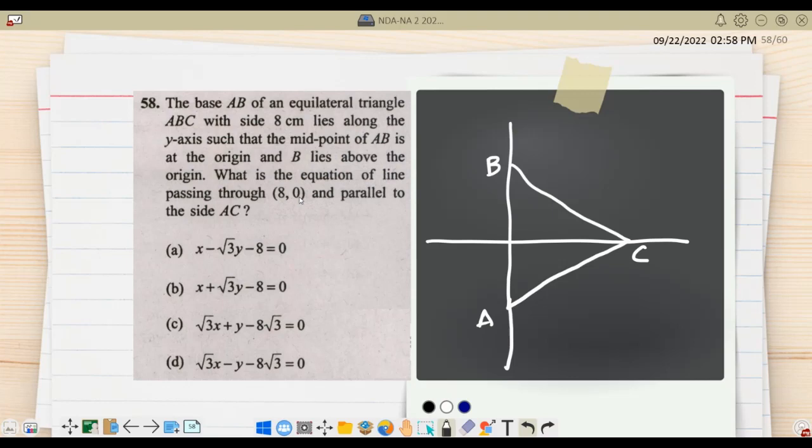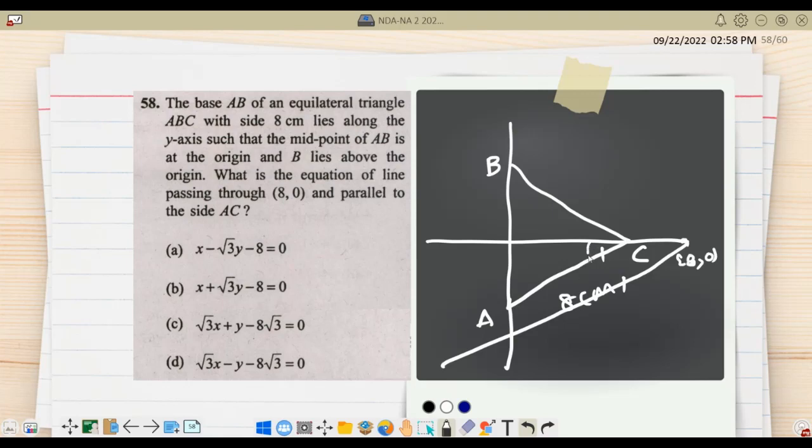What is the equation of the line passing through 8, 0 parallel to the side AC? So 8, 0 will be somewhere around here, and it should pass parallel to AC. If these two lines are parallel, obviously the slope should be equal. So what is the slope of the line AC?